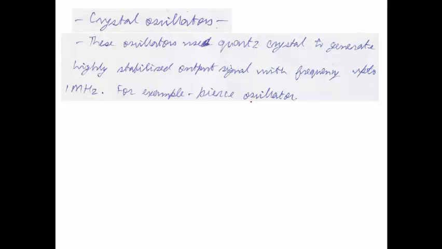These oscillators use quartz crystal to generate highly stabilized output. This point is worth mentioning: highly stabilized output. Whenever we want a highly stabilized output signal, we would prefer crystal oscillators, with frequencies up to 1 megahertz. The example of this is the Pierce oscillator.